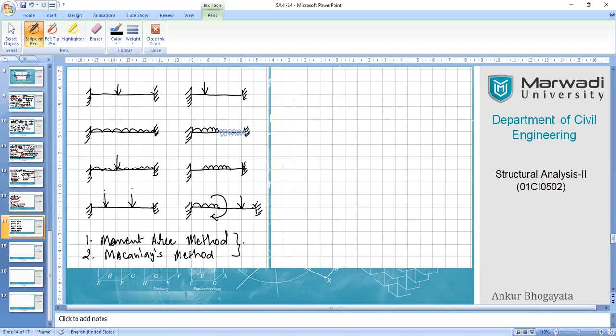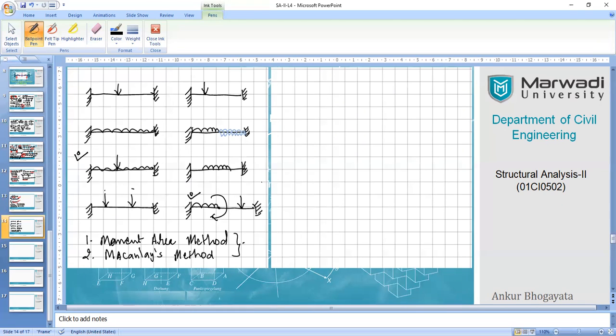So in the next session, I shall be showing you how to analyze continuous beam, and then let's see if required, we'll go for the mesh up session where we can have one of this type of numerical, then we'll have some this kind of numerical, and finally one more numerical for the continuous beam.